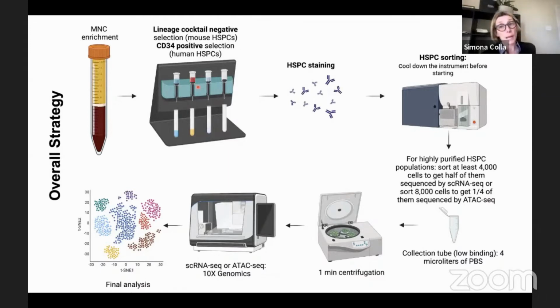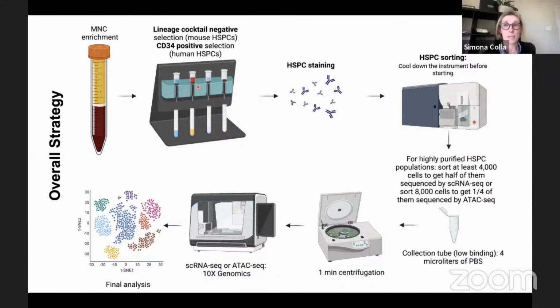We use for the mice a Miltenyi cocktail that includes lineage antibody, and at the end we keep the negative fraction. While for human, we enrich the cells for CD34 positive. So we use Miltenyi beads to pre-sort the cells.